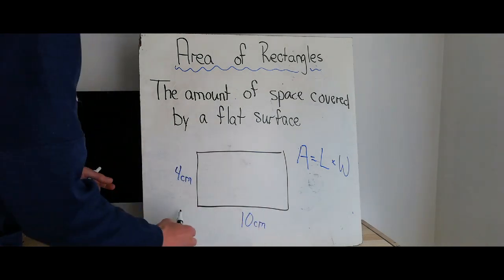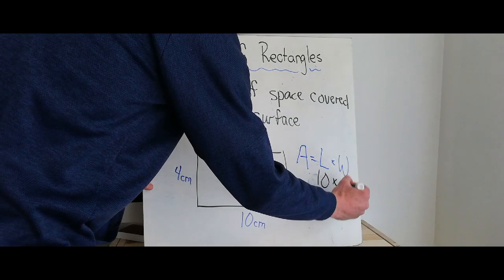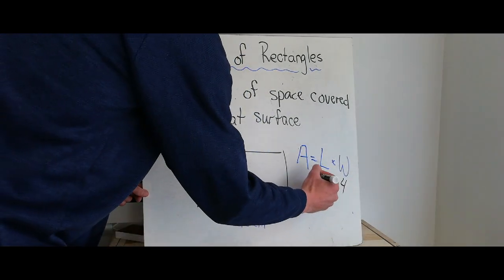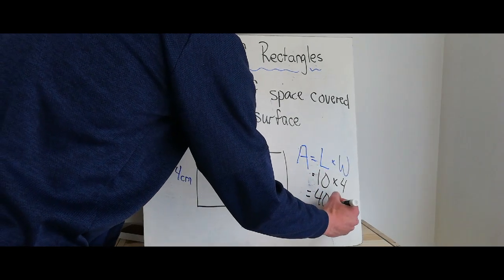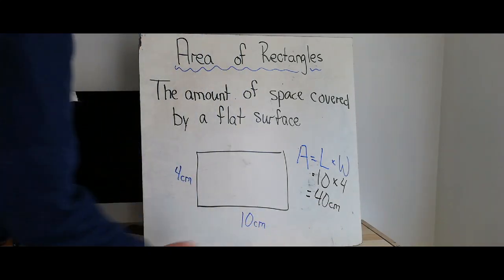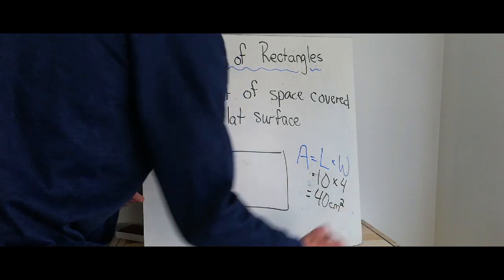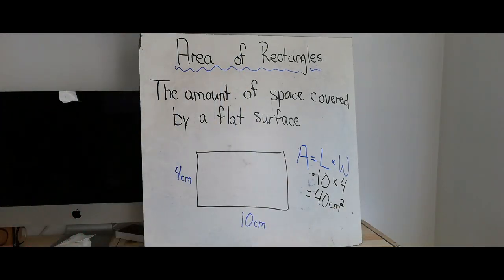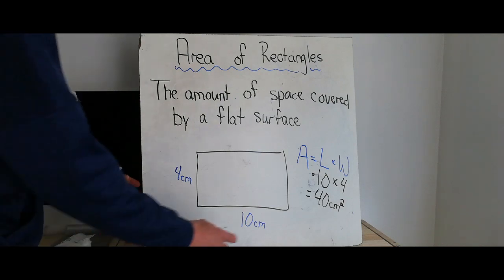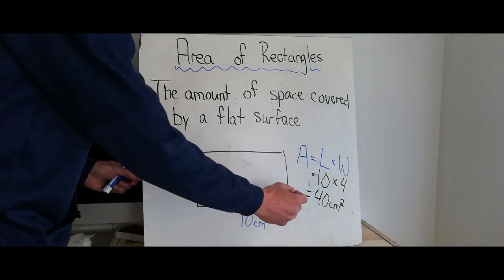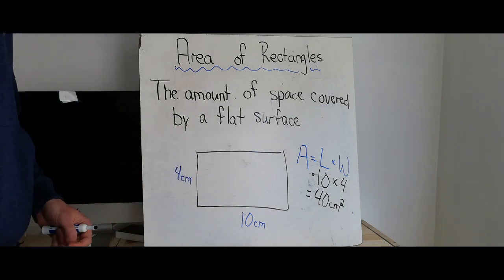I usually say the longer one is the length, so the length is 10 times the width is 4, and that equals 40 centimeters, because it's in centimeters, the units. And you have to remember that it's 40 centimeters squared. Again, the square is important because you're measuring area in 2 dimensions, not just the length of something, but also the width, which gives you that 40 centimeters squared.